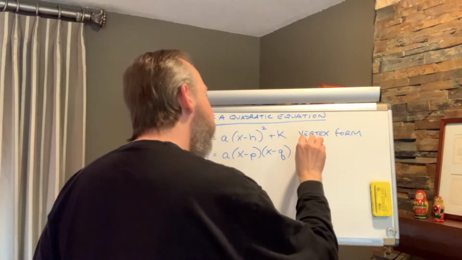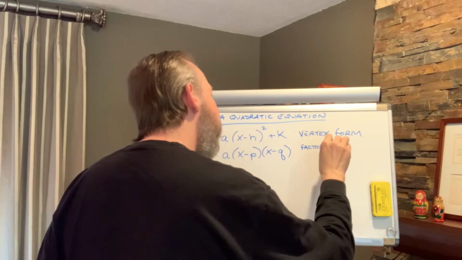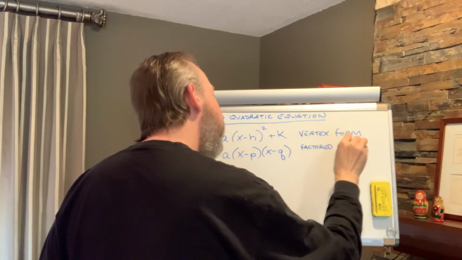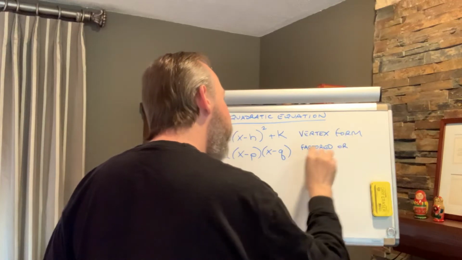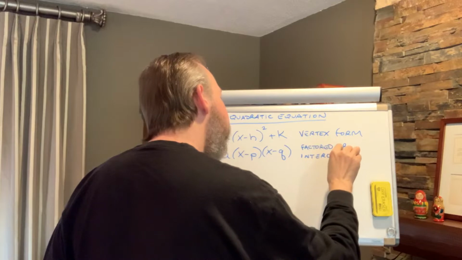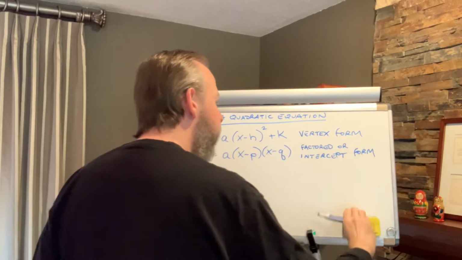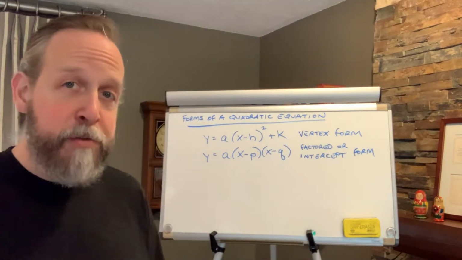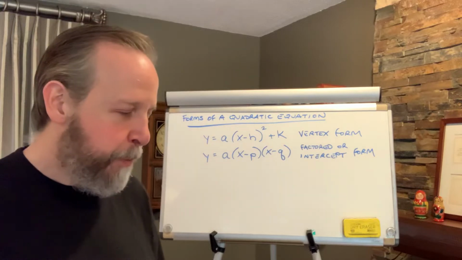It's either called factored form or intercept form. And they're both correct. So call it factored form or call it intercept form. We'll bounce between the two labels as we go.